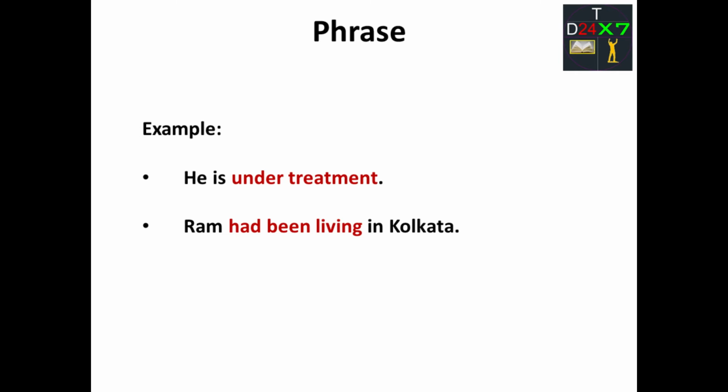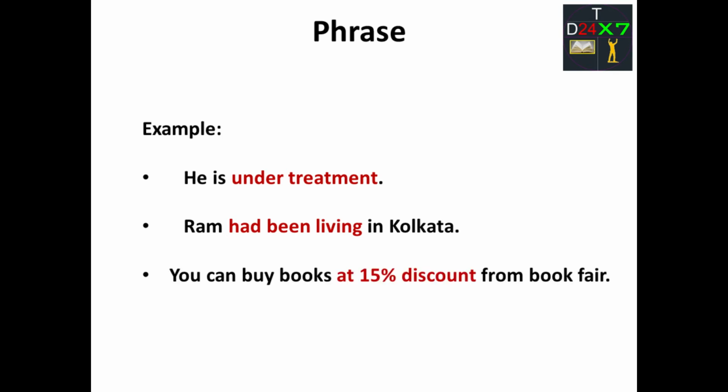Other example: Ram had been living in Kolkata. Here, had been living is a phrase. Other example: You can buy books at 15% discount from Book Fair. Here, at 15% discount is a phrase. Other example: Please sit down for a while.